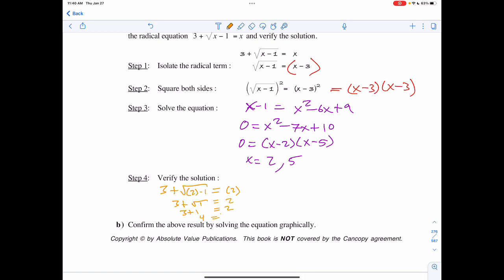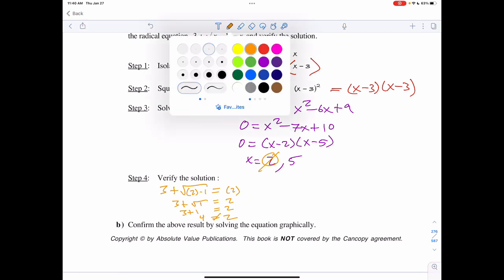4 is not equal to 2, and that's not a solution that works. But you did all the processes right, and you got that 2. Sorry, still doesn't work. And frequently you'll find that in radical equations, when you square it to get the solutions, you're going to wind up with one that doesn't work. What about the other possibility?